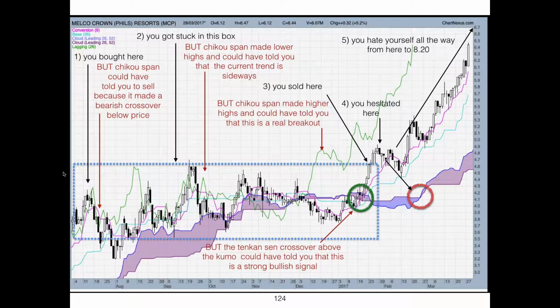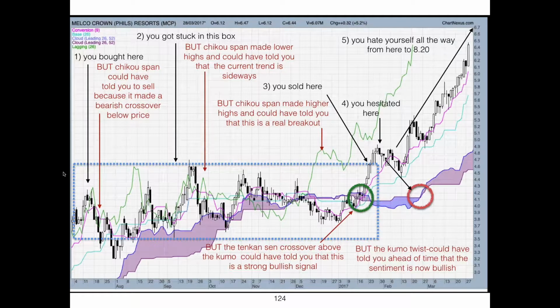I'm sorry, in number 3, you sold here. The Tenkan-sen crossover was below the Kumo, but this was still a bullish signal. Though it's not a strong bullish signal, it's a weak bullish signal.